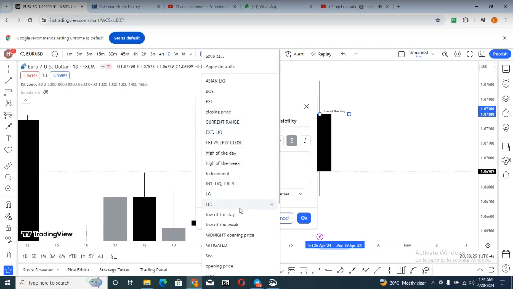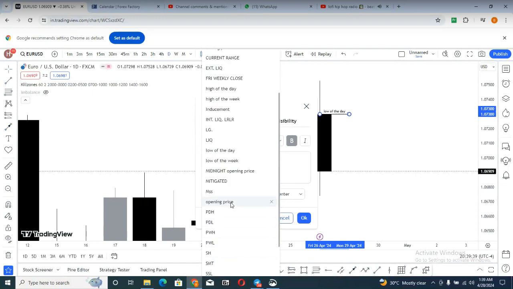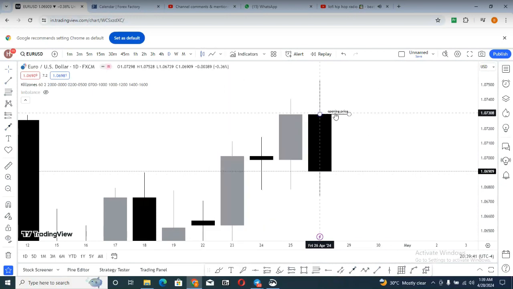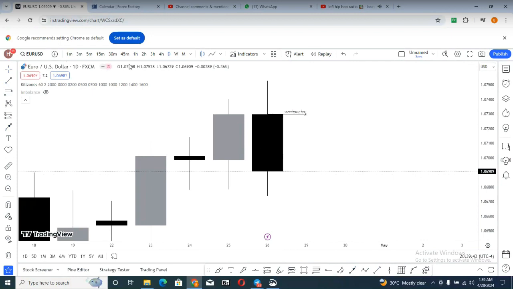Since we're on the weekly time frame, I'm trying to look for the opening price. Yeah, that is the opening price since we are selling. And if you check this, this is the candle that opened. We want to know the candle that opened. Now, this is where I said this is a bearish candle.